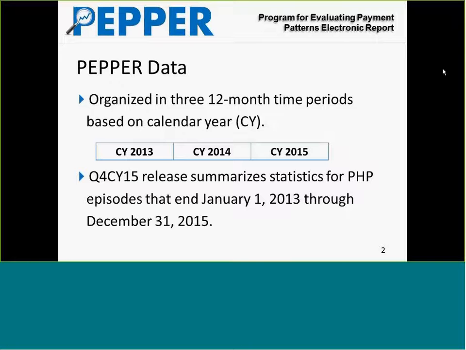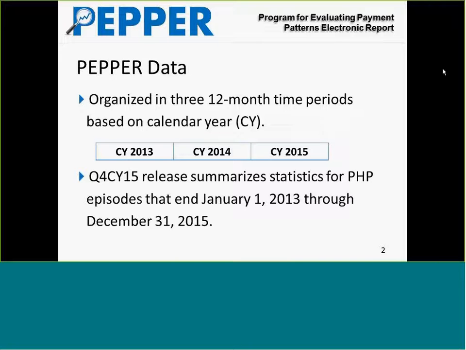So the PEPR that is referred to as version Q4 CY15, or the fourth quarter calendar year 15, summarizes statistics for the PHP episodes that end between January 1st, 2013 through December 31st, 2015, again reflecting those three calendar years of 2013, 2014, and 2015.